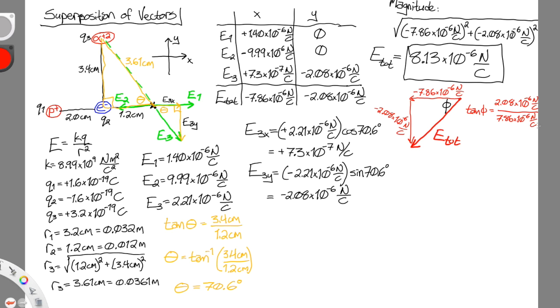You might notice that I've dropped my negative signs here. It's because we've already accounted for the negatives when we drew our little triangle for E total, and the direction will come back in a little later as well. So again, we can take an inverse tangent of everything we have on the right side over here to find our direction.